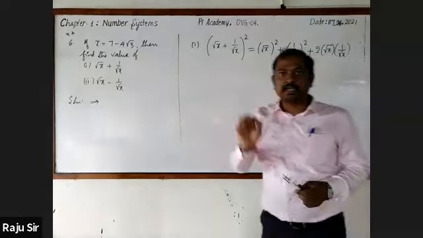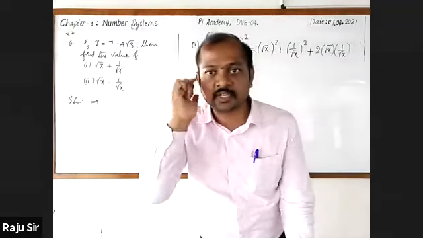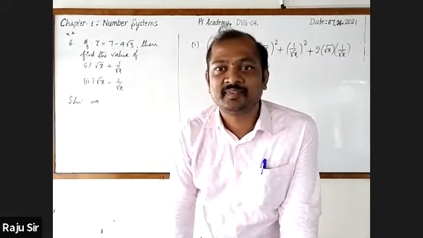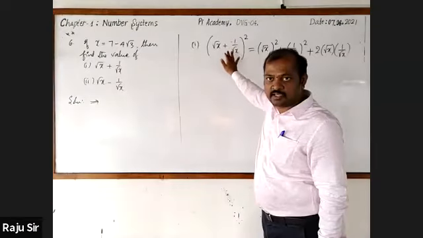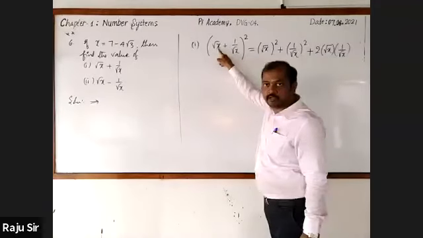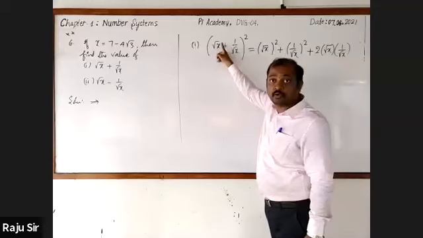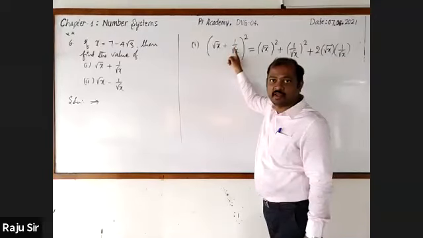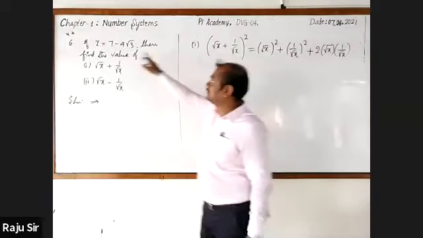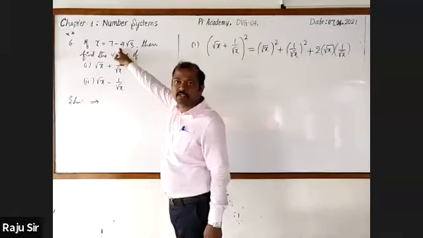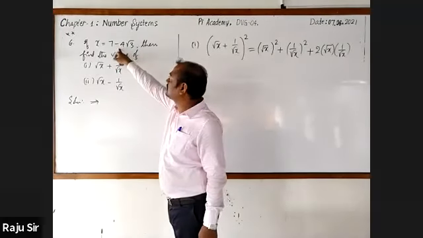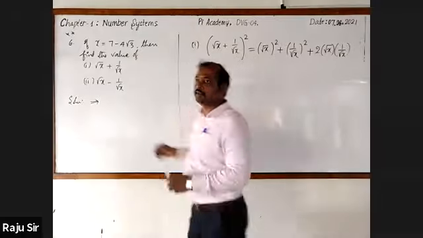Lakshmi Shri, are you understanding? Yes, sir. The purpose of taking the square is that when you apply the square to these numbers, the square root gets cancelled. After cancelling the root, we can go for using the value of x, 7 minus 4 into root 3.